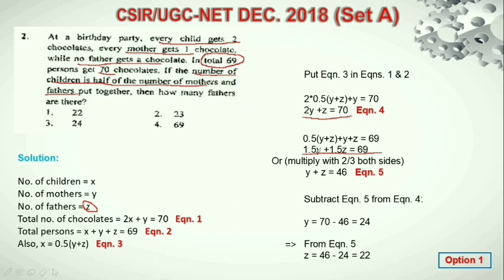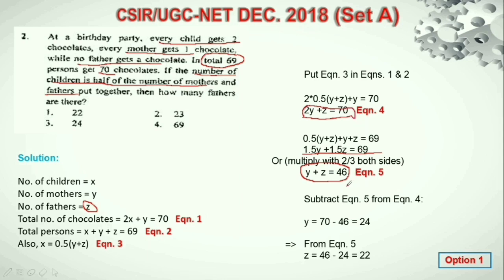In order to remove the decimal, we will multiply both sides by 2 by 3, so it will give you Y plus Z equal to 46, and equation number 4 is 2Y plus Z equal to 70.